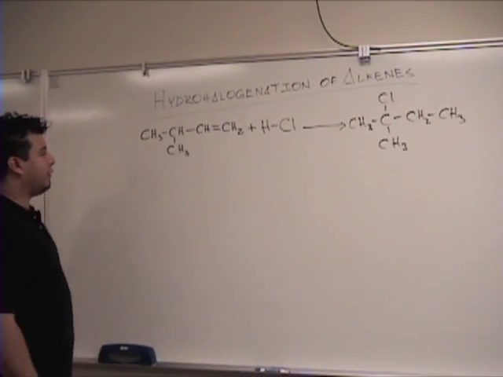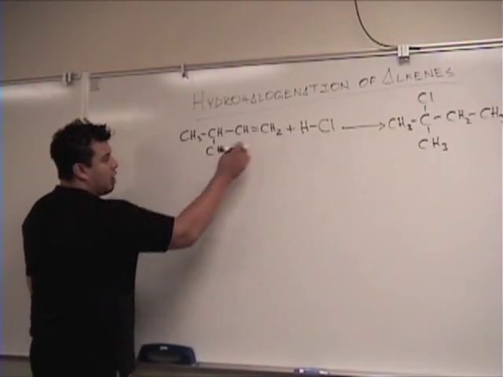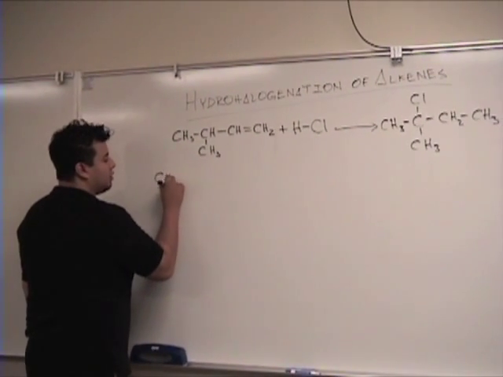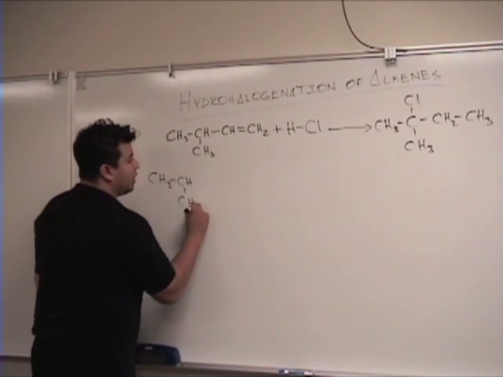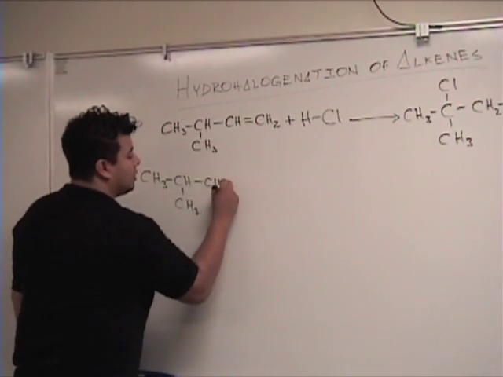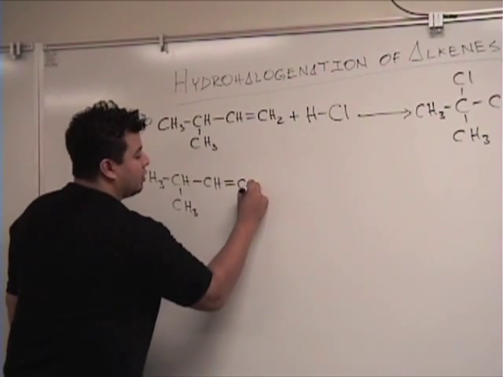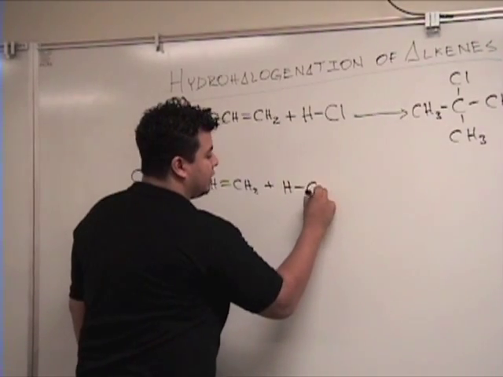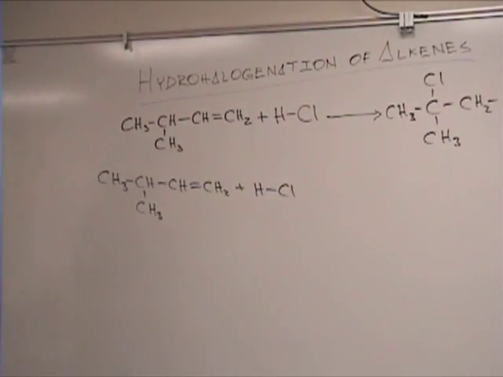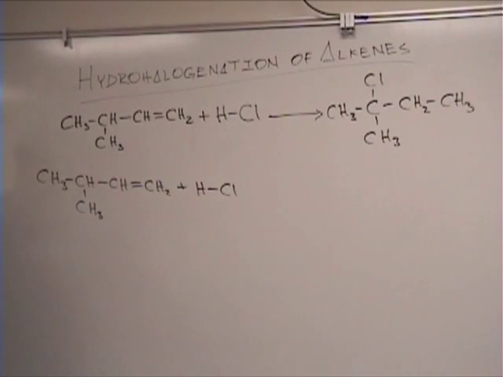Let me show you the mechanism for this reaction. We copy this side, so we have CH3, CH, CH3, CH double bond CH2, plus HCl.